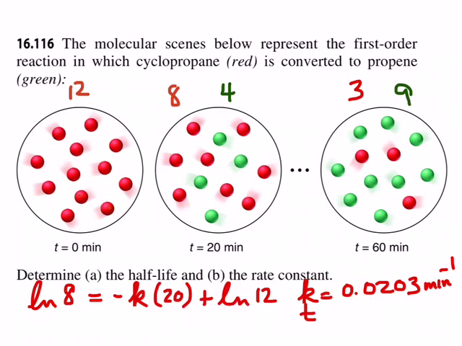The half-life then is, for a first order process, 0.693 divided by k. So in this case, 0.693 divided by 0.0203, and I get 34.1 minutes. So there's the rate constant and the half-life.